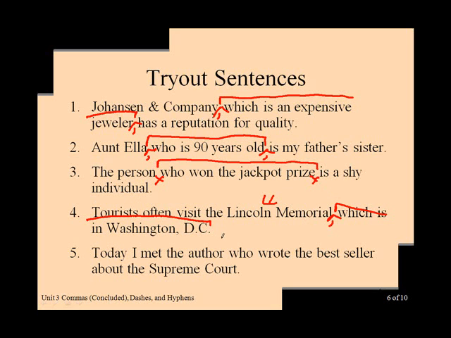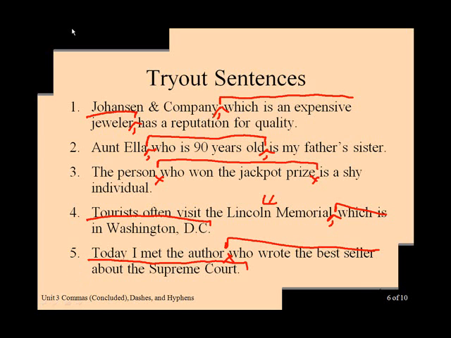Today I met with the author who wrote the bestseller about the Supreme Court. Do I know anything about the author yet? I don't. So this who wrote the bestseller, that's information that I need for the meaning of the sentence. So I do not put a comma there.